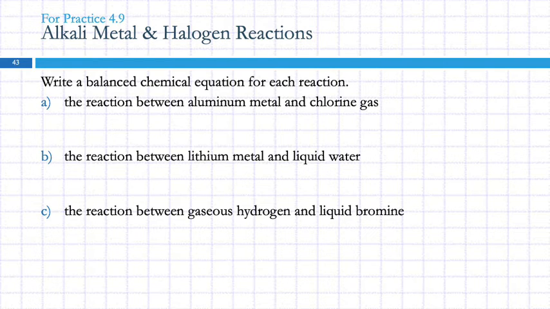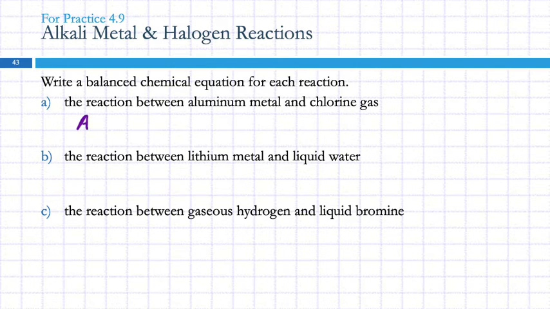Okay, write a balanced chemical equation for each reaction. The reaction between aluminum metal and chlorine gas. So, this seems unreasonable. That's weird, but let's just think it out. So, what are my reactants? Aluminum and chlorine gas.